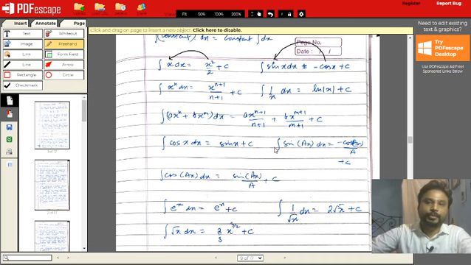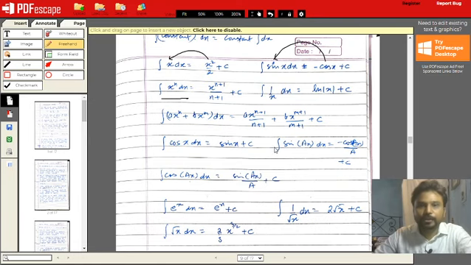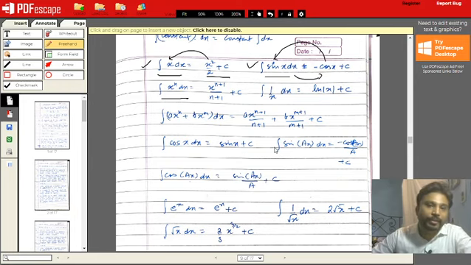So this expression, x to the power n dx, these are the expressions which we need to focus on. Integral of x dx is x squared by 2. Integration of sin x is minus cos x. These are the important terms which we have to remember essentially. Integration of x to the power n: if we remember, differentiation of x to the power n was n x to the power n minus 1.